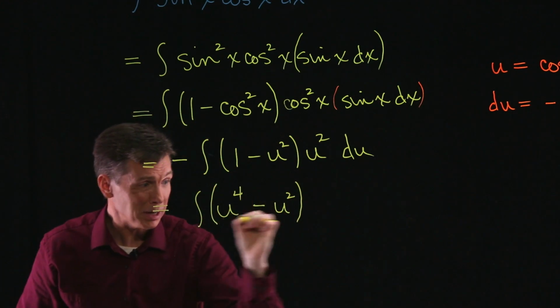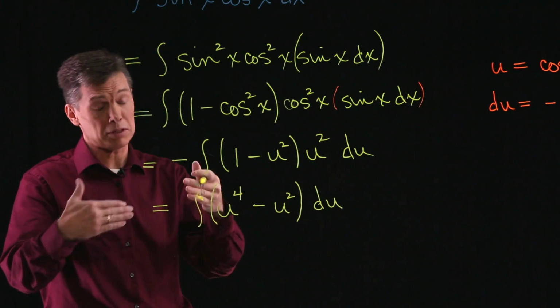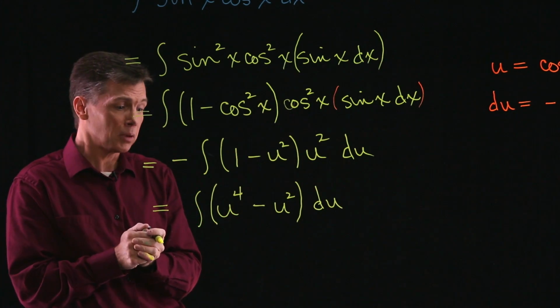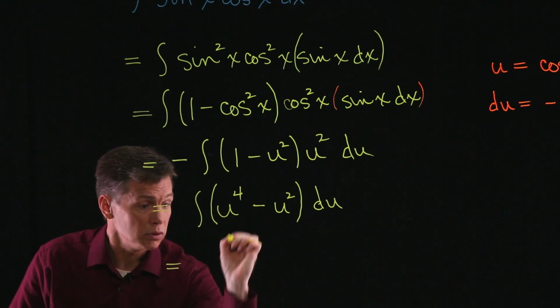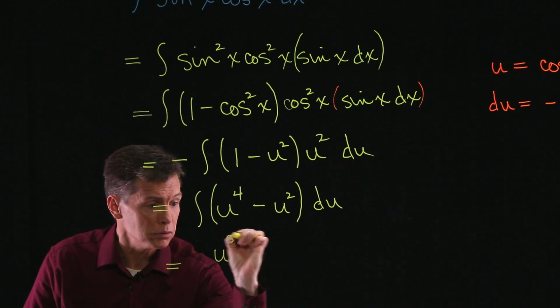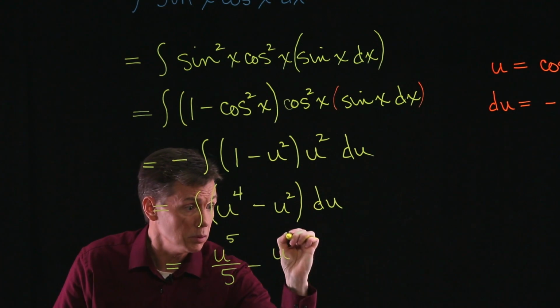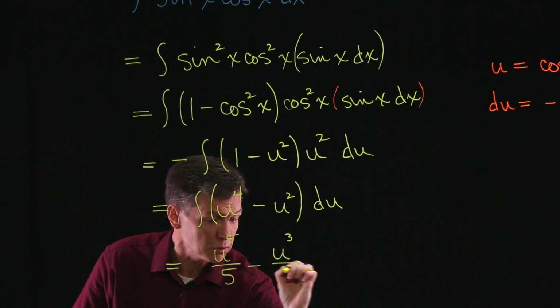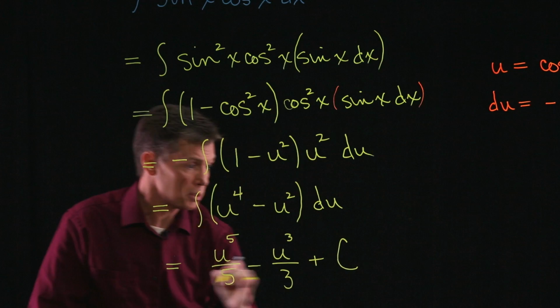You absolutely did not have to do that algebra. If you kept your minus sign out in front, we'd have the exact same answer at the end, right? Now I'll do my power rules, where this equals u to the fifth over 5 minus u to the third over 3 plus c for good measure.